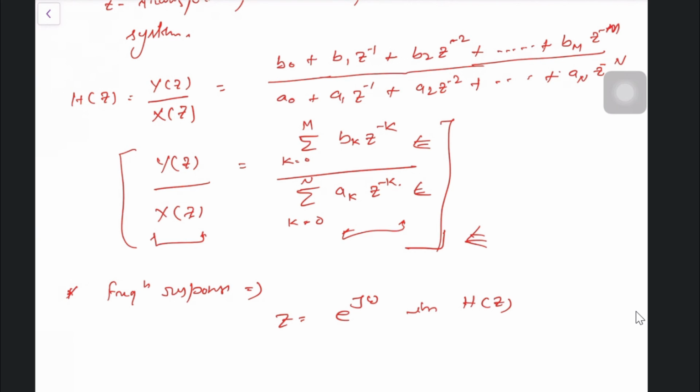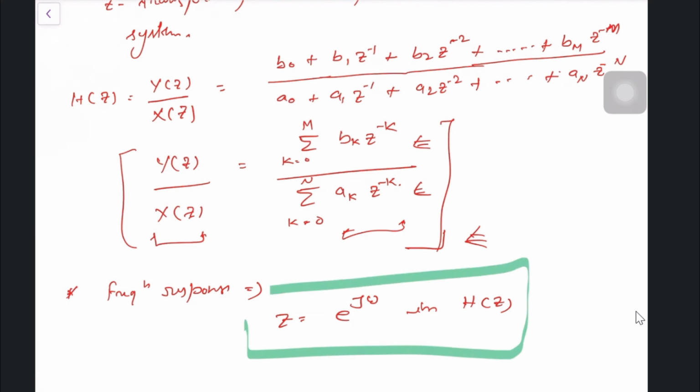Keep this in mind: for the frequency response you have to put z equal to e to the power j omega. Although we already know the value of z, you have to put this if you want to calculate the frequency response.